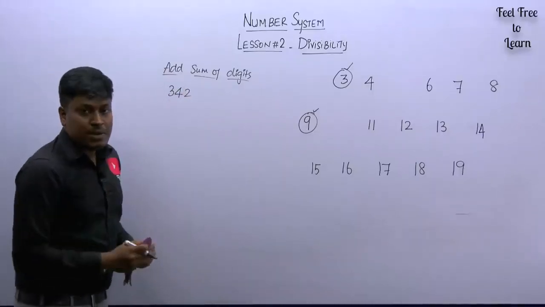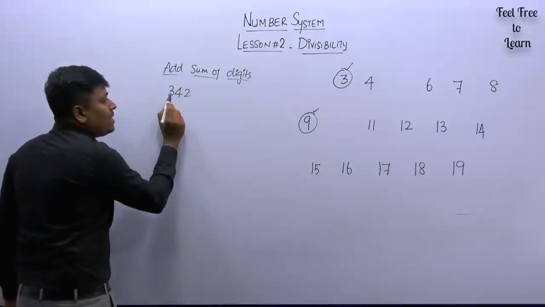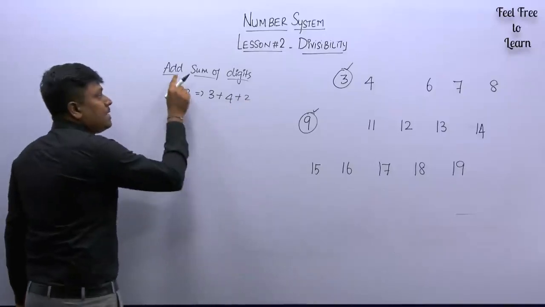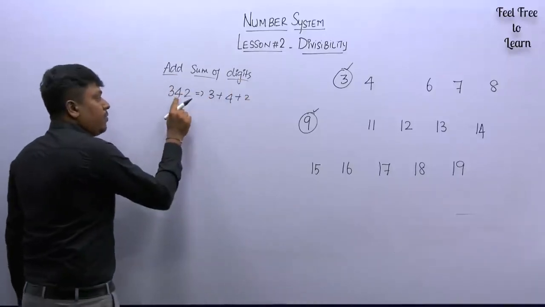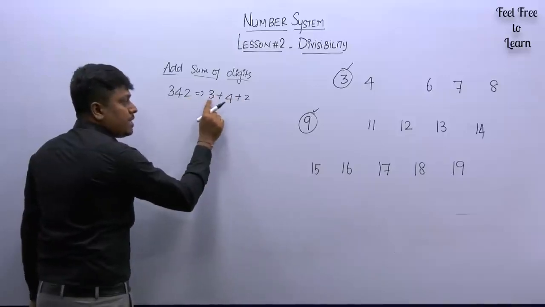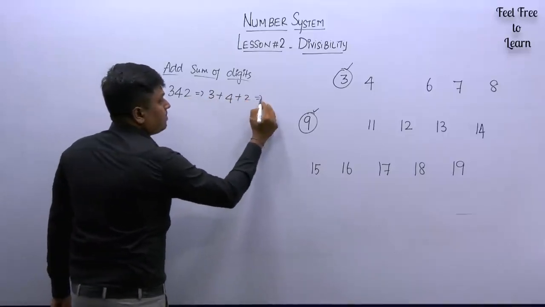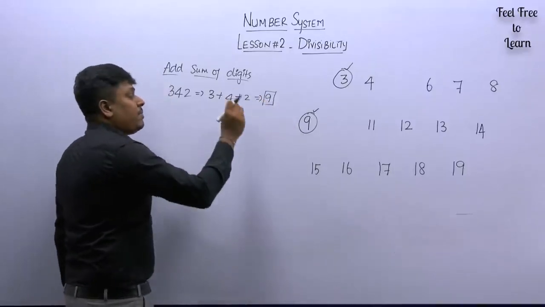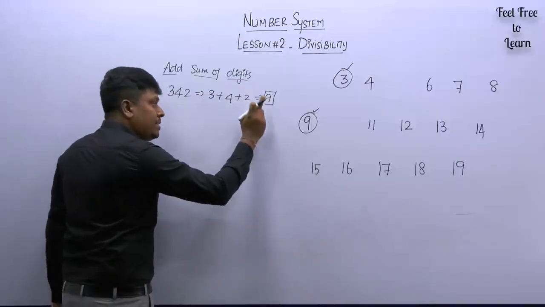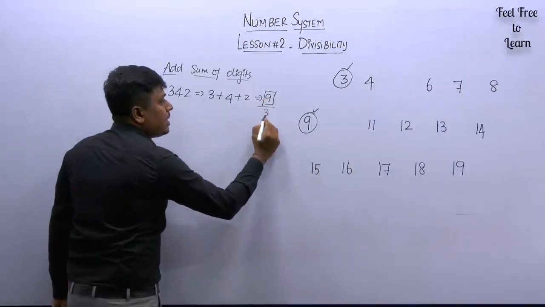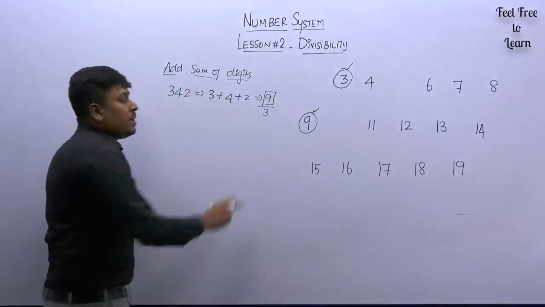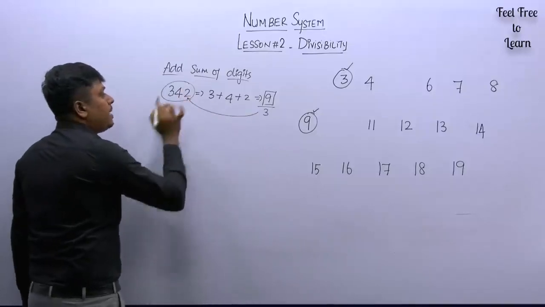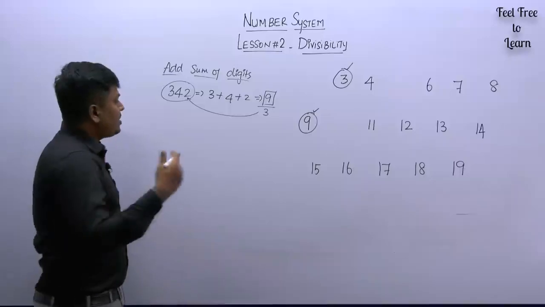So you need to add all the digits: 3 plus 4 plus 2. 3 plus 4 is 7, 7 plus 2 is 9. After adding all the digits, we got 9. Now check whether this 9 is divisible by 3 or not. Yes, it is divisible by 3. So if the sum is divisible by 3, then we can say that the complete number is divisible by 3.